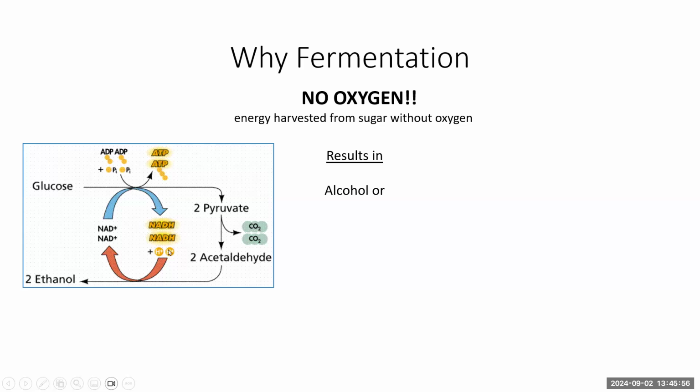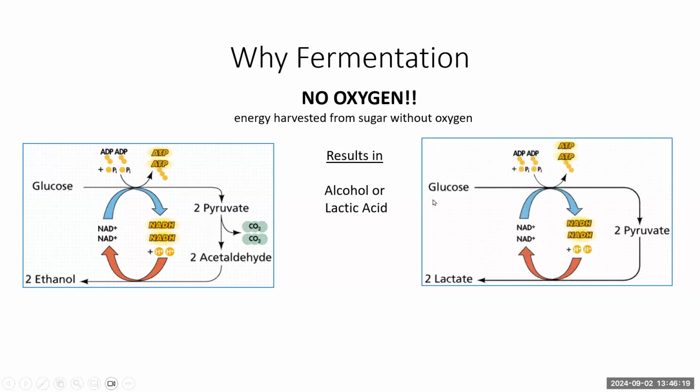Now remember, in glycolysis we had made NADH. That NADH can be returned back to glucose, so it can just be recycled. So with fermentation, that is the first option: create alcohol.